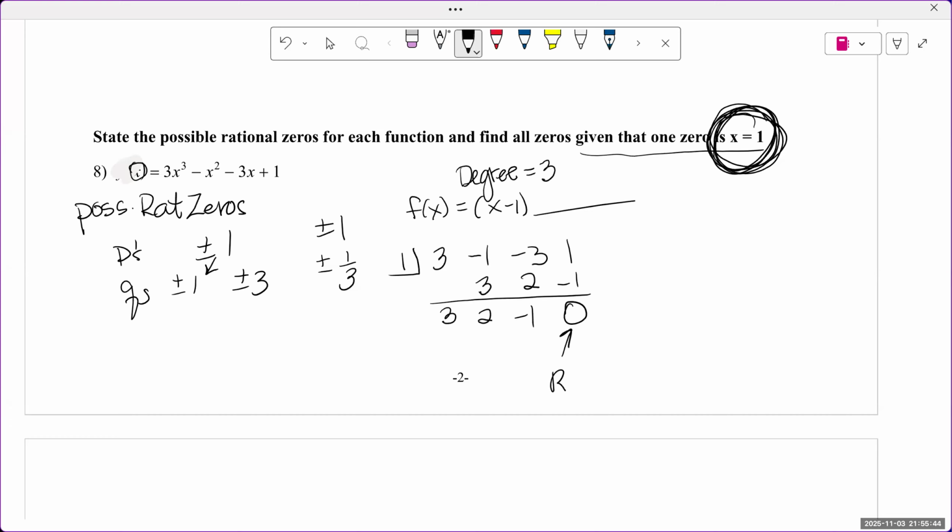Good. I got a remainder equal to 0. So yes, my arithmetic worked. So +1 is definitely a root. And this tells me what's left. So now I started with x cubed. I'm peeling it down a layer. So I have 3x squared, 2x, and -1. 3x squared plus 2x minus 1.